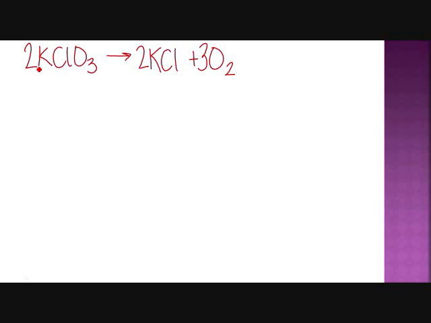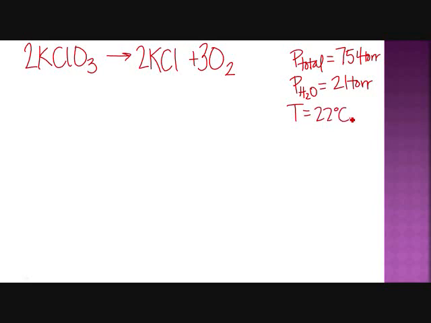Okay, so we know that we have a total pressure, P total, is 754 torr. We know the partial pressure of water, the vapor pressure of water, is 21 torr. That was given to us. We know that the temperature is 22 degrees Celsius.